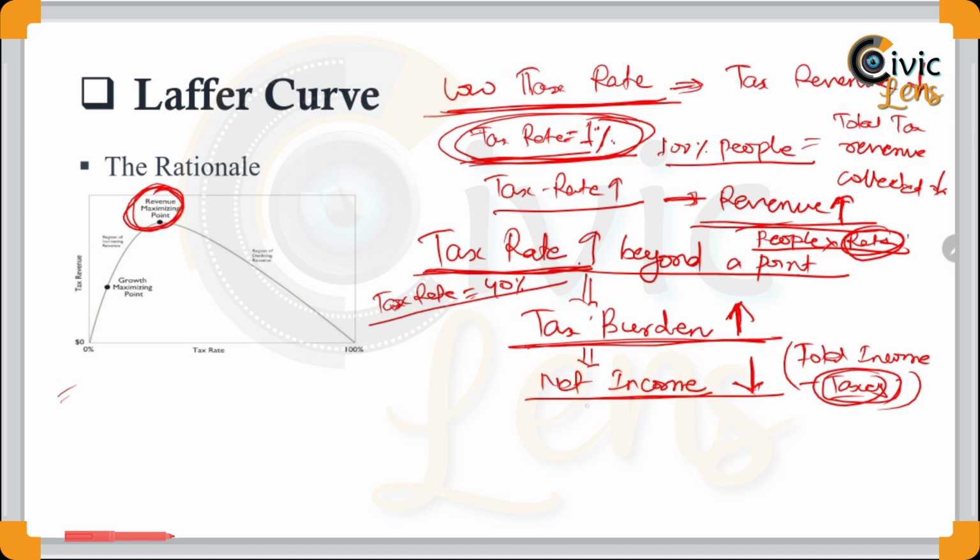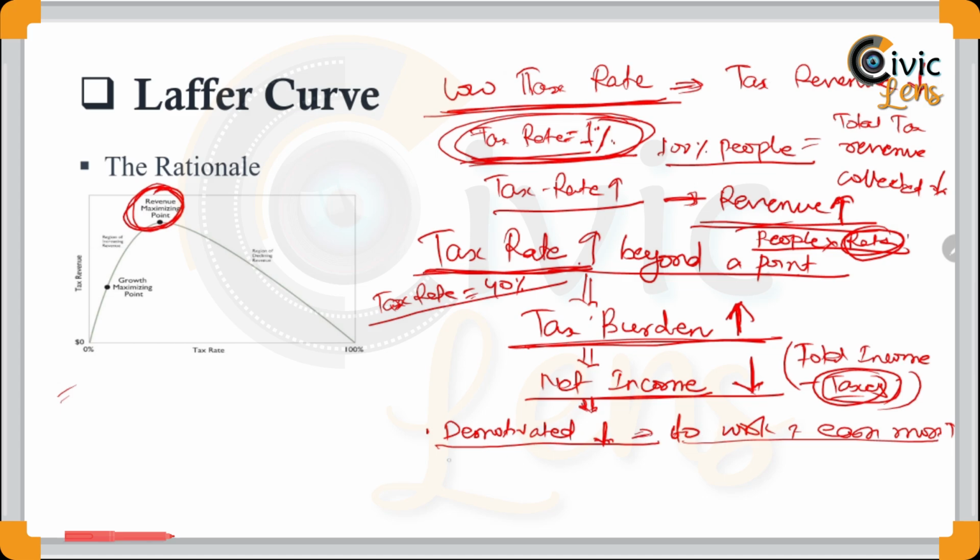So this will actually change the behavior of individuals and businesses. Either they will get demotivated, their motivation to work and earn more will be low, because they know that the tax rate is very high. Even if we work harder and earn more, our net saving will be very low.